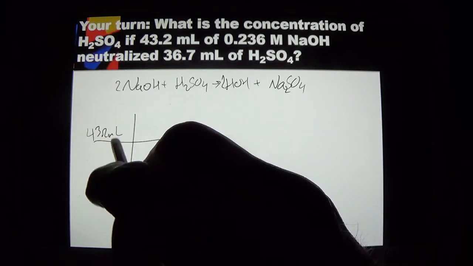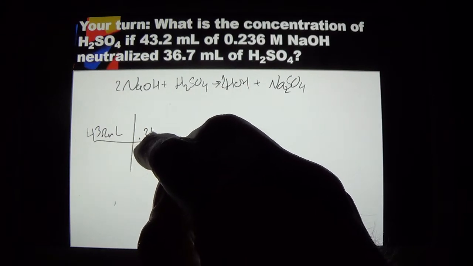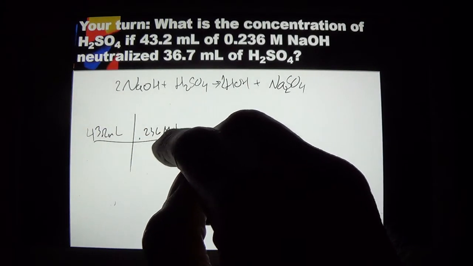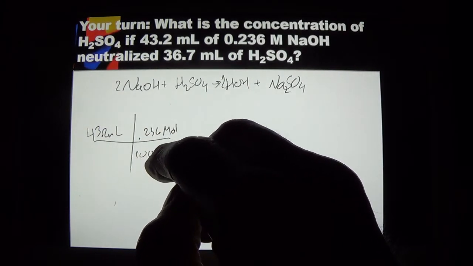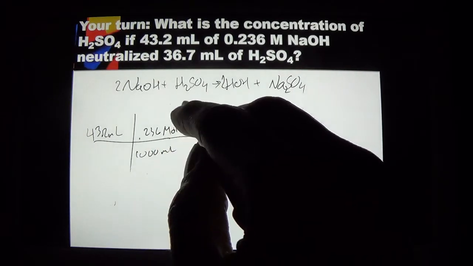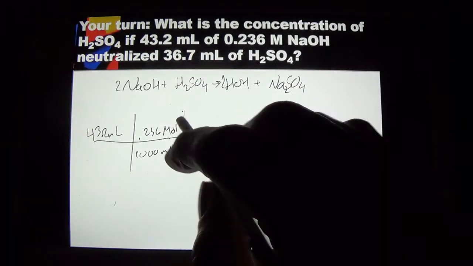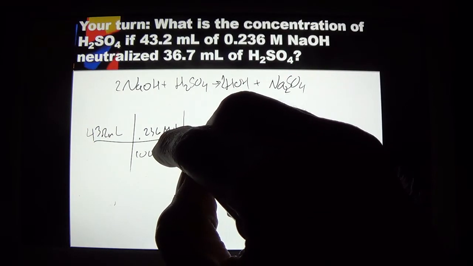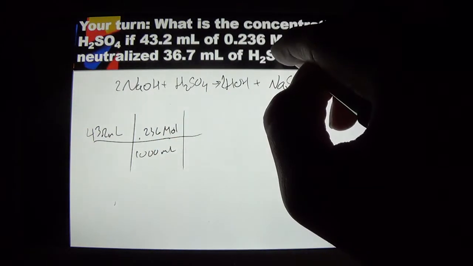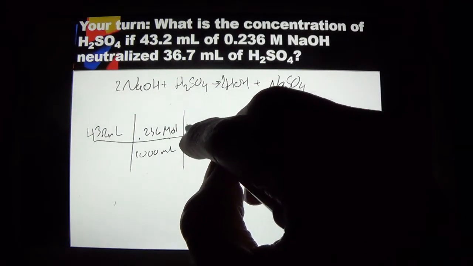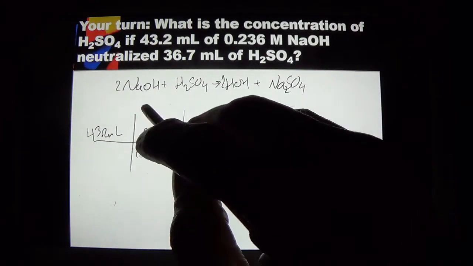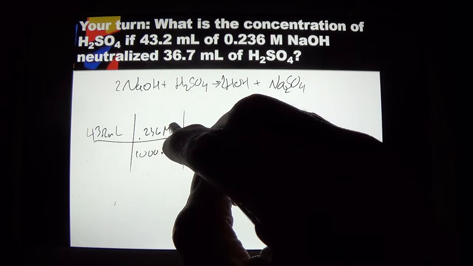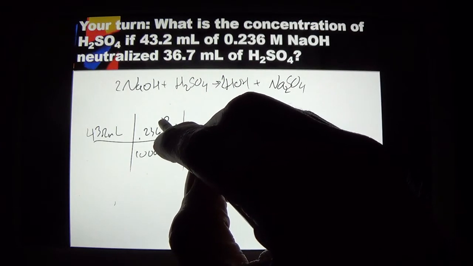I use the volume first. I can do that. 0.236 molarity. Nope, that's not molarity. That's a moles per 1,000 milliliters. Do you like the way I pull that out? Okay, I know you don't care. But that's the way I do that, because as I write molarity out of copying, I'm like, oh, wait a minute, I want to expand that to moles per milliliter. And so that's the way I write it, and it works well. And that's of my base.